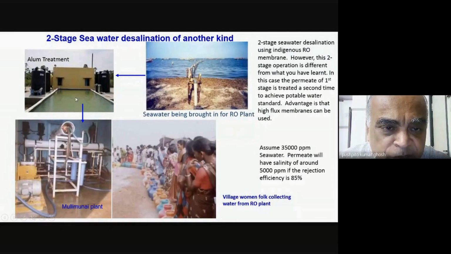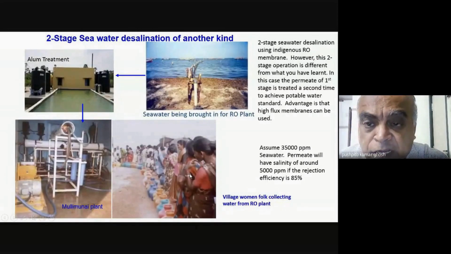This water is turbid and it is being clarified, because you can only put very clear water through the membrane, otherwise you'll spoil them. Then you run the plant and you generate drinking water of very good quality, and you can see all these ladies collecting the desalinated seawater.